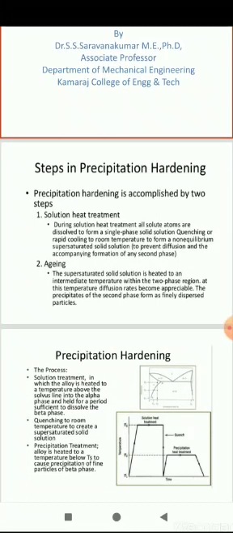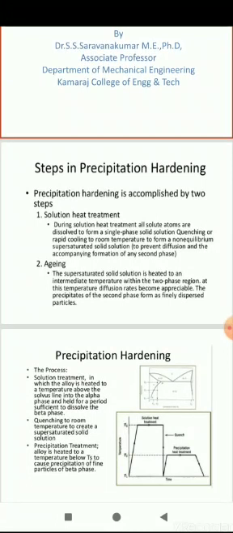The precipitation hardening normally has two steps. The first step is the solution heat treatment, and number 2 is the aging. What is the meaning of solution heat treatment? For example, the aluminum melting temperature is 660 degrees centigrade.